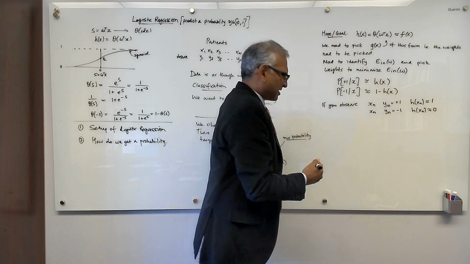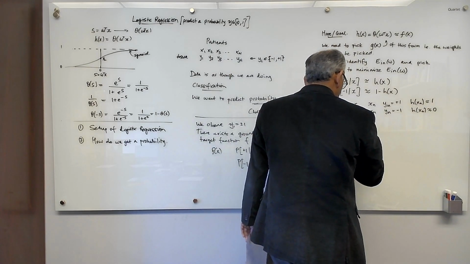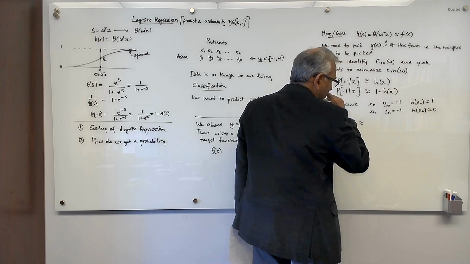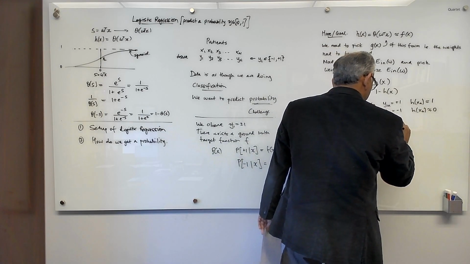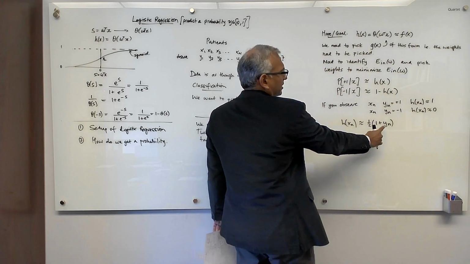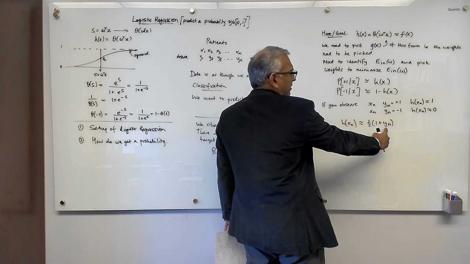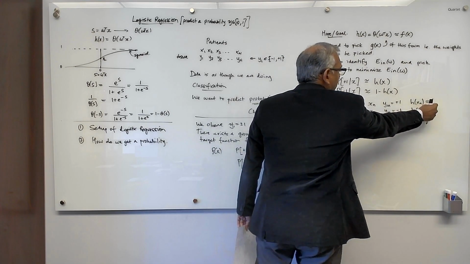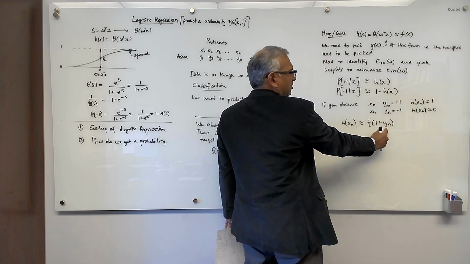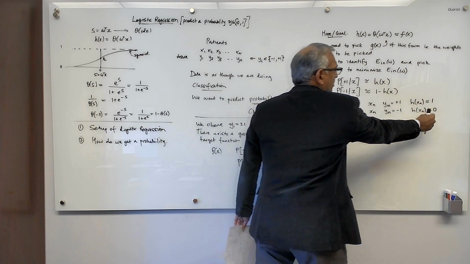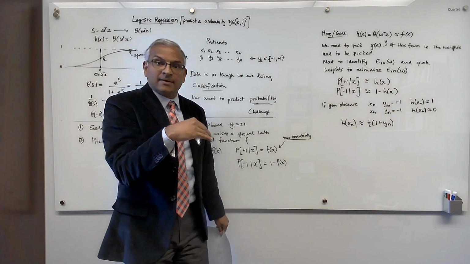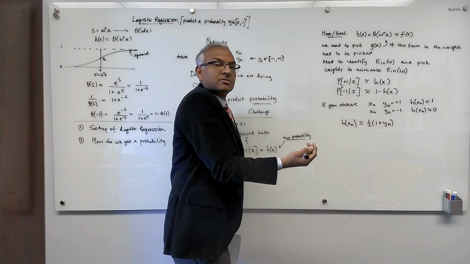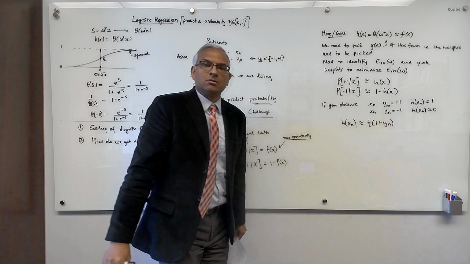We can summarize that by saying that h of xn should be approximately equal to 1/2 times 1 plus yn. Why? Because when yn is equal to +1, you have 1 plus 1 over 2, that's 1. And when yn equals -1, you get 1 plus -1, which is 0, so h would be 0. So on the data, h of xn should approximate 1/2 times 1 plus yn.